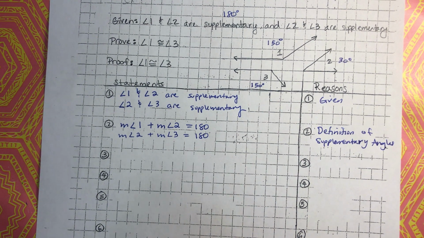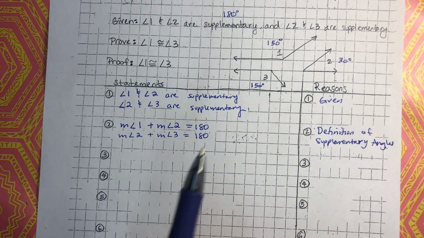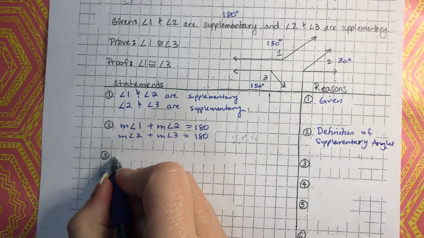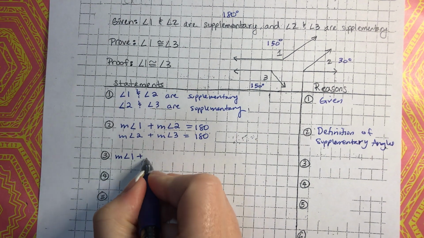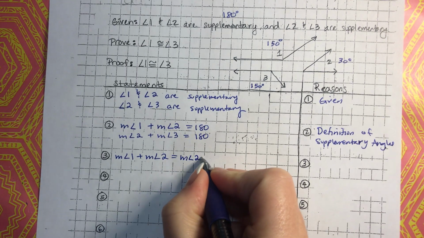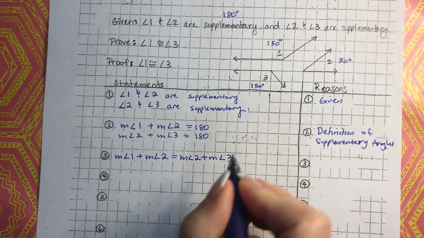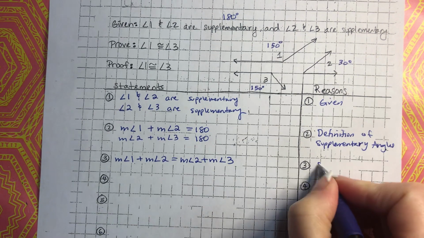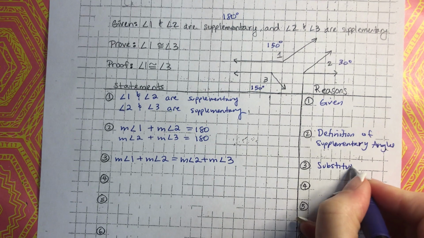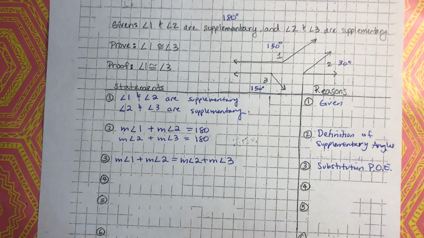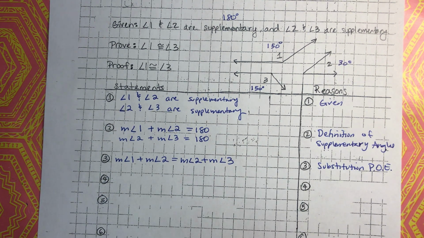So because of that, I can substitute this in for this, and just set both of the equations equal to each other because of substitution. So this would be the substitution property of equality. Do you see that? Is that clear or is that confusing?